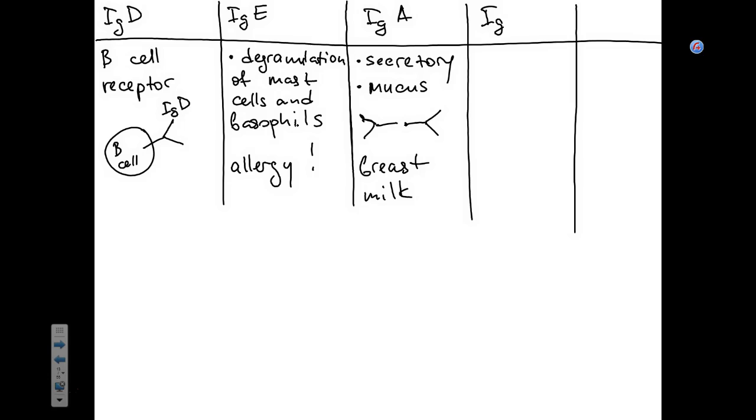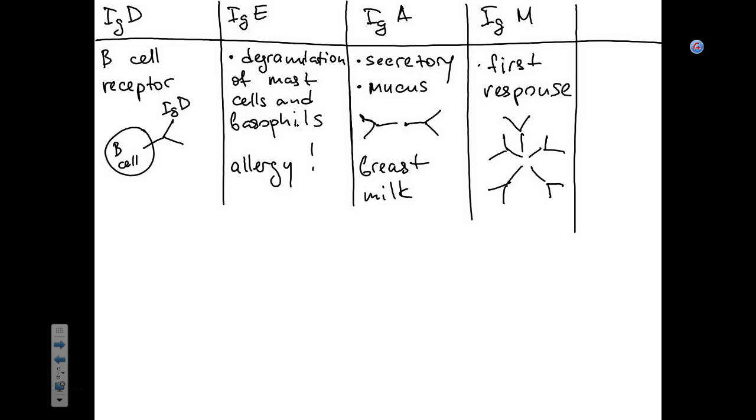IgM. These are first responders in the blood. Immunoglobulin M is the first molecule that's produced in response to the infection. First antibody that is produced. First response. And they form pentamers. So they're gigantic. The complexes are huge.